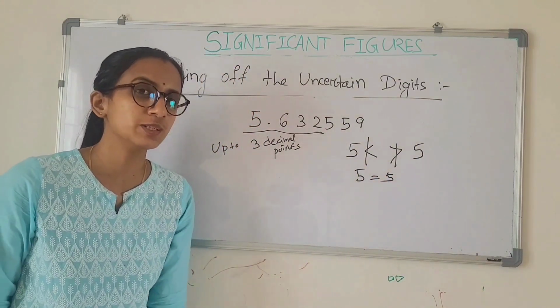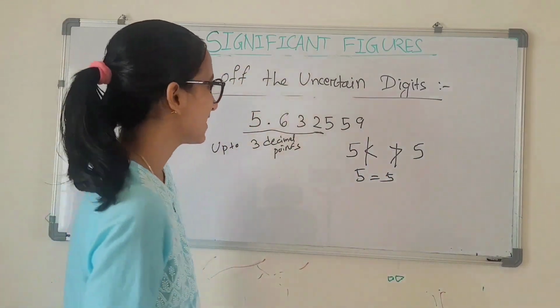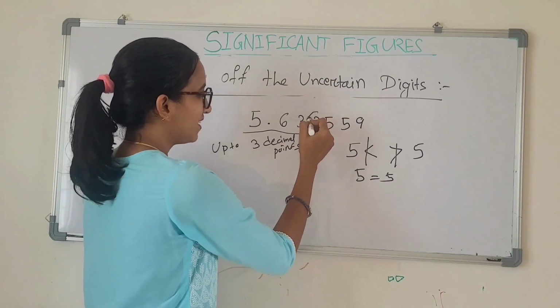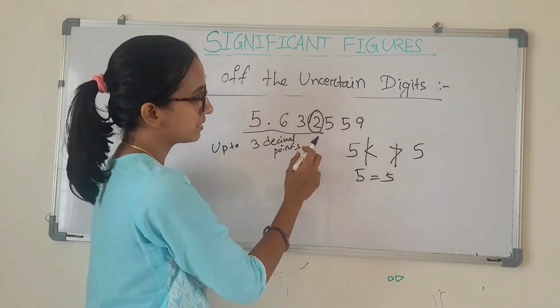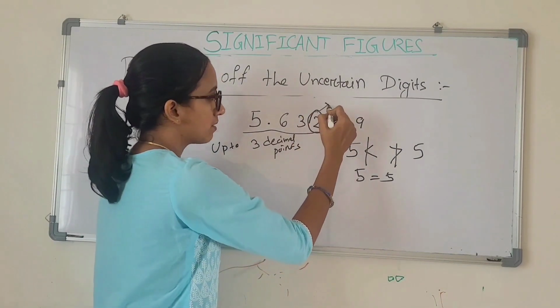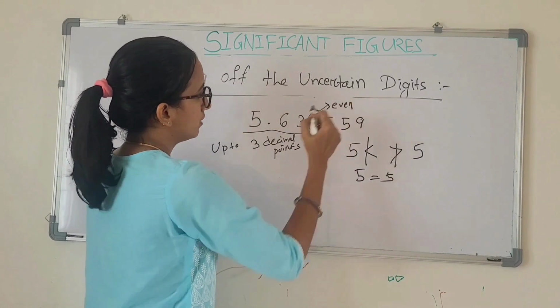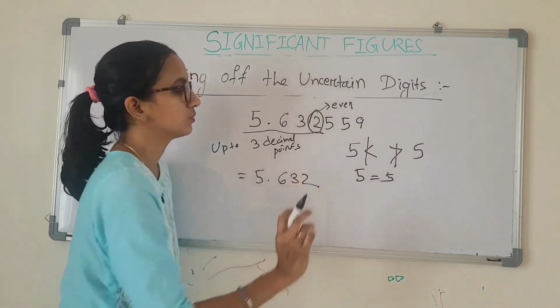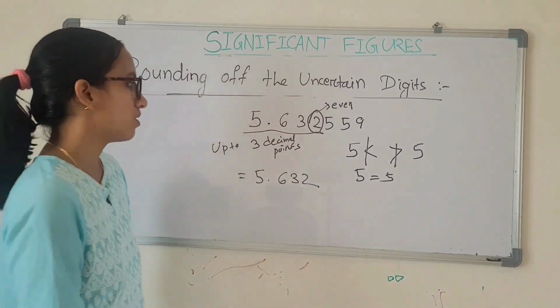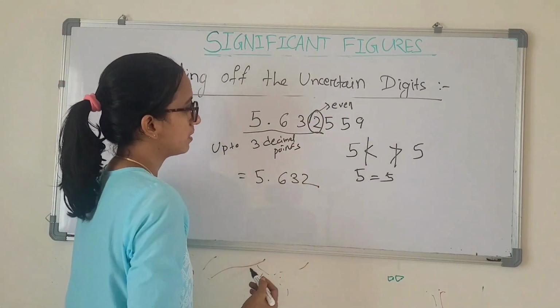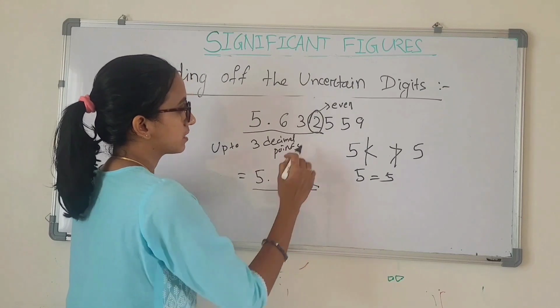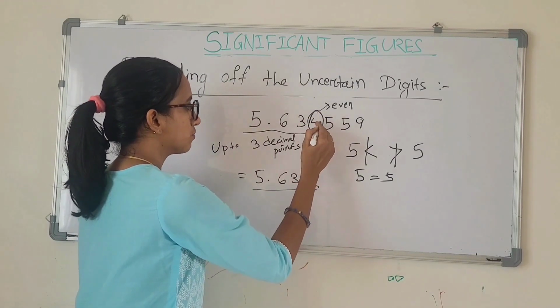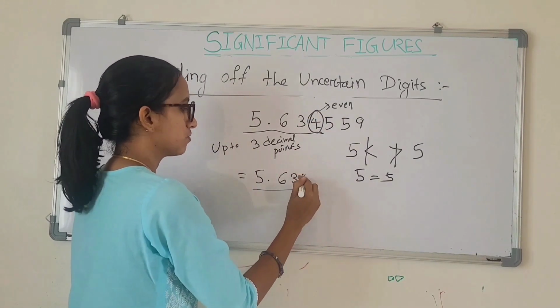In that case, what will you do? If the preceding number is an even number, then you will leave the number as it is, 5.632. Got it? 2 is even, so you will write it as it is. If it were 4, then you will write 4.